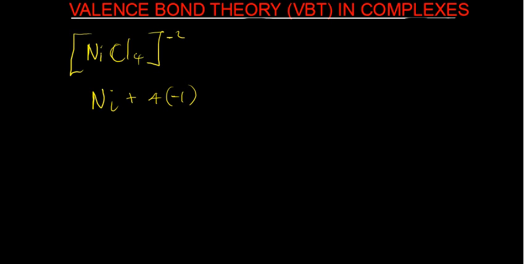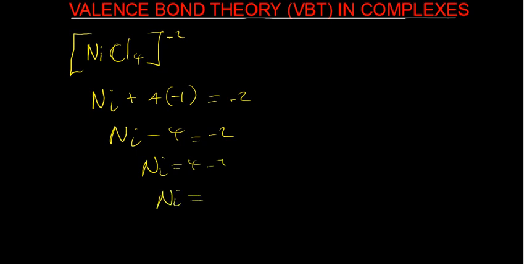So the oxidation state is -1, and this should give us the total, which is -2. So what we are finding is nickel minus 4 should be equal to -2, and this is giving us nickel is equal to 4 minus 2, giving us nickel having an oxidation number of +2. So that is the oxidation number for nickel.